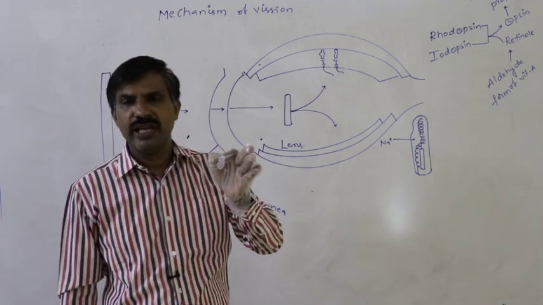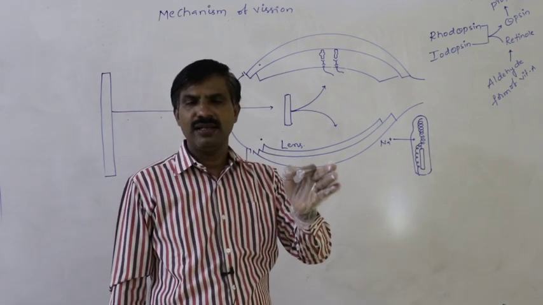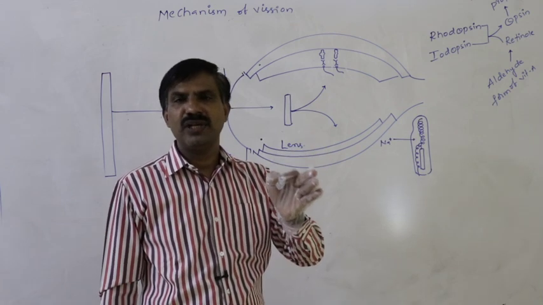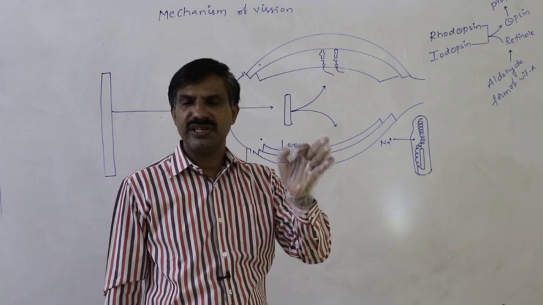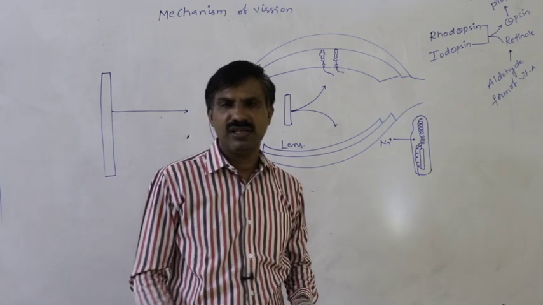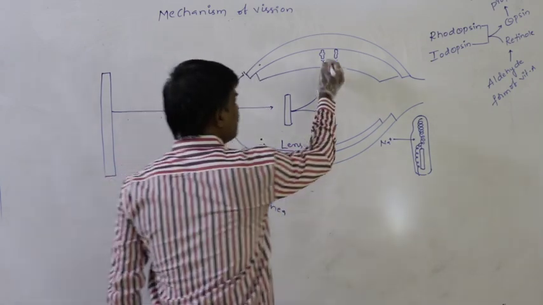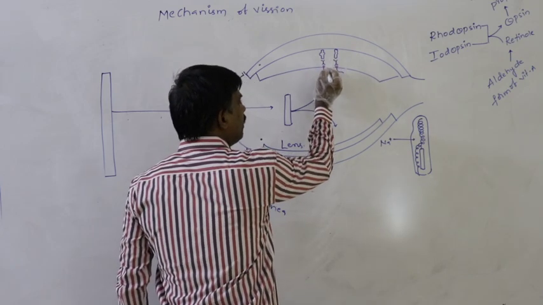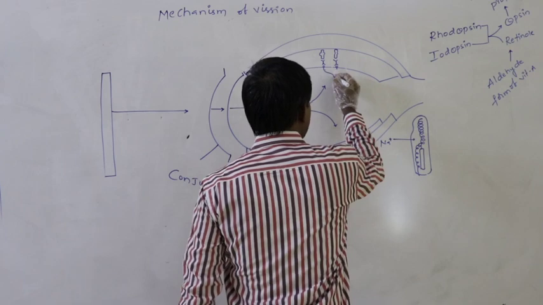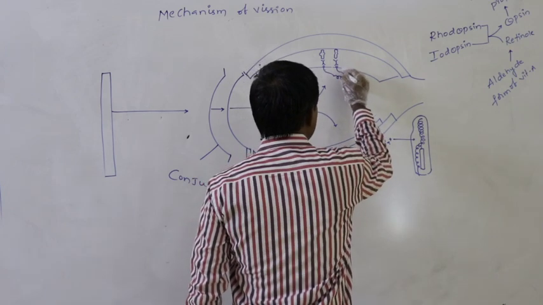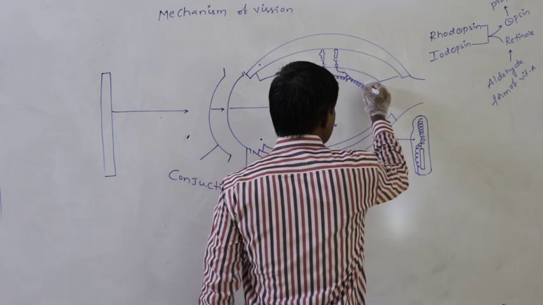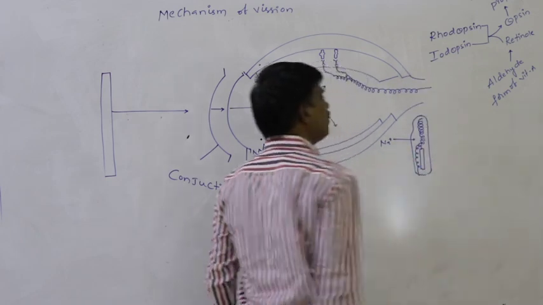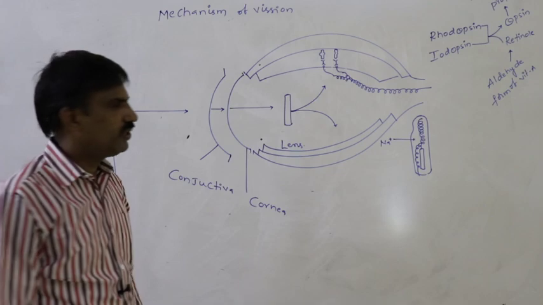That leads to depolarization in the photoreceptor cell. The depolarization later leads to the generation of an action potential. That action potential is at first conducted to the bipolar neuron, later reaches the ganglionated cell. From the ganglionated cell, that action potential is later conducted to the optic nerve.